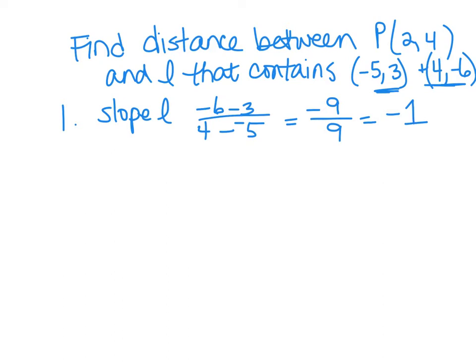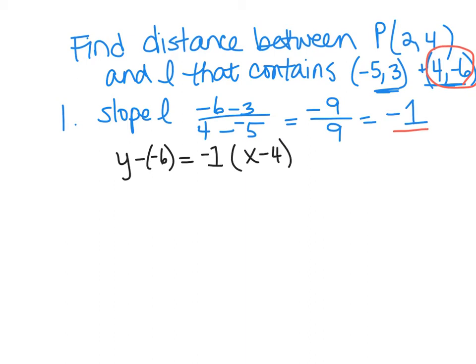All right, so we need to write the equation. We can use point slope form, or we can solve for b. So I'm going to use this point right here and my slope. So I have y minus -6 equals the slope, -1, times x minus 4.